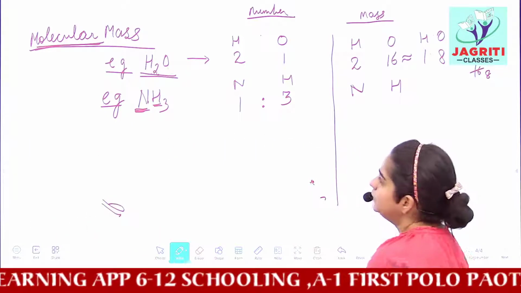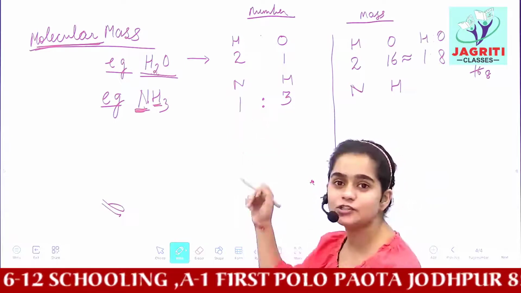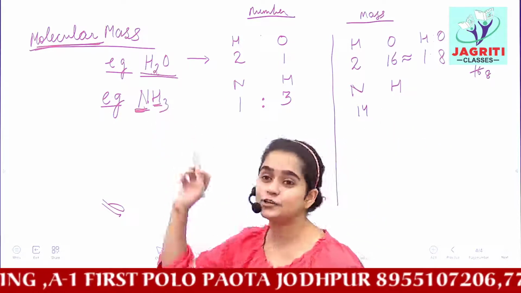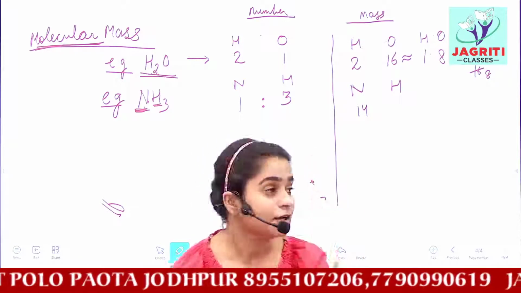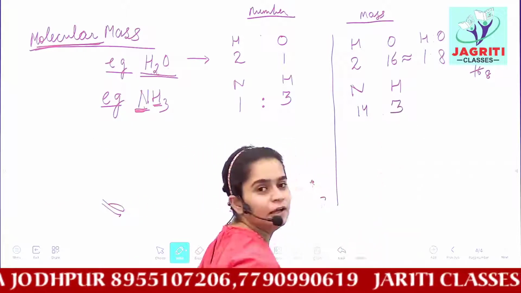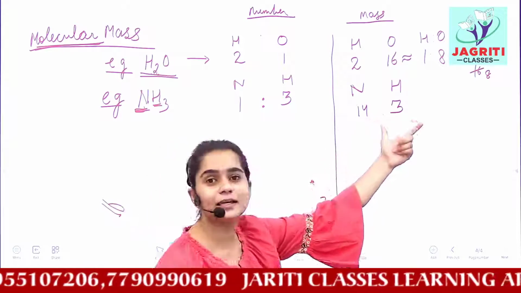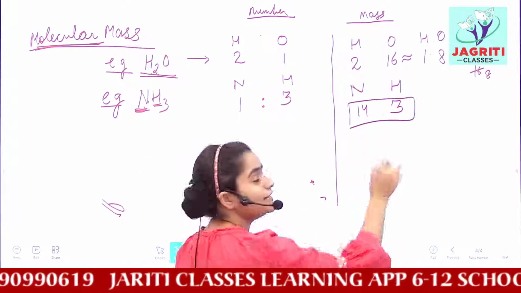The mass of one nitrogen atom is 14 and we have just one nitrogen, so the mass would be 14. And the mass of one single hydrogen atom is 1 unit. So the mass of 3 hydrogens would be 3 units. Now you cannot simplify this more because 14 and 3 do not have any common divisor. So you get the simplest ratio as 14:3.